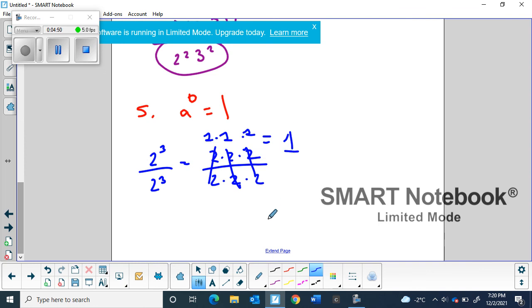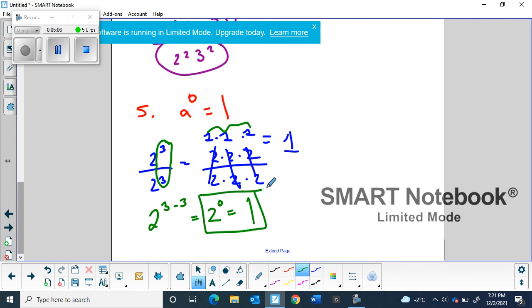So all we're left with is actually 1 here. But based on the previous rule, we learned that if we were dividing numbers of the same base, we subtract their exponents. So 3 minus 3, which gives me 2 to the 0. And we just figured out it gives us 1. And that is our proof.